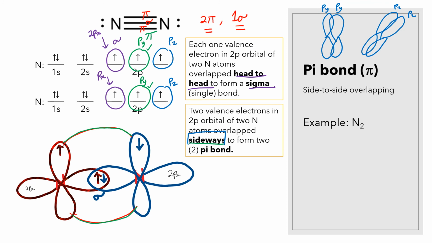So, buat garisan atas dan bawah and labelkan sebagai pi. Okay, so this garisan menunjukkan bahawa these two orbitals overlap secara sideways, sebelah menyebelah, atas dan juga bawah. So this one overlapping secara sideways akan menghasilkan satu pi bonding.